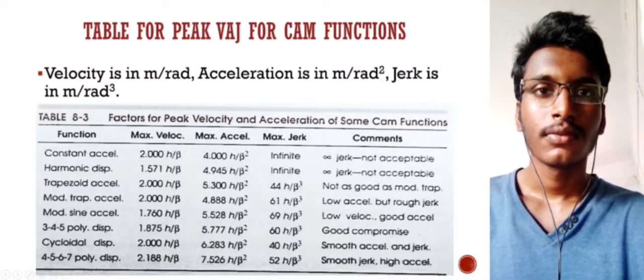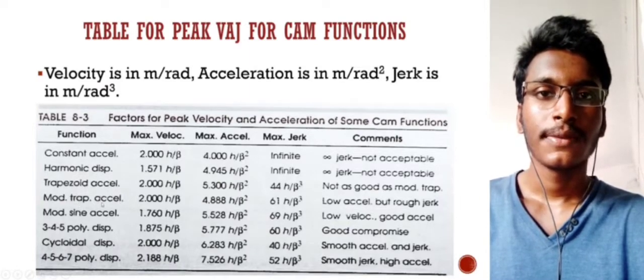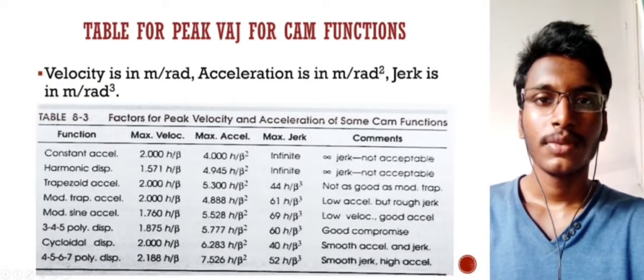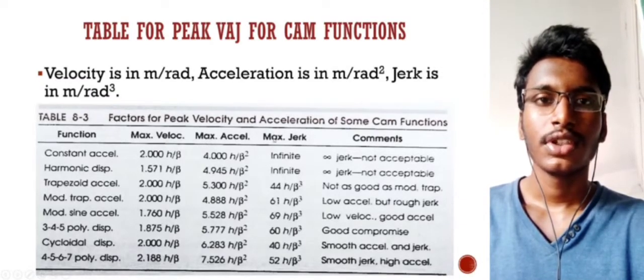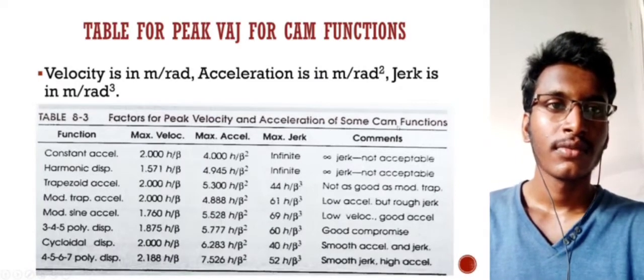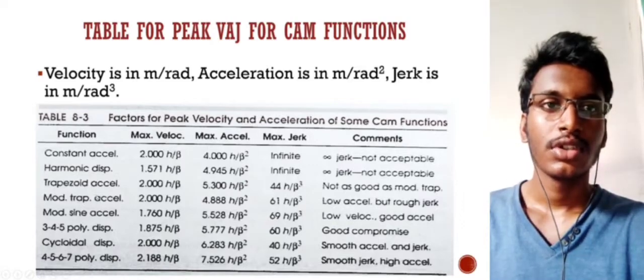It consists of types of function: constant acceleration, harmonic displacement, trapezoid acceleration, modified trapezoid acceleration, modified sine acceleration, 3-4-5 polynomial displacement, cycloid displacement, 4-5-6-7 polynomial displacement, and the maximum velocity, acceleration and jerk for these functions.